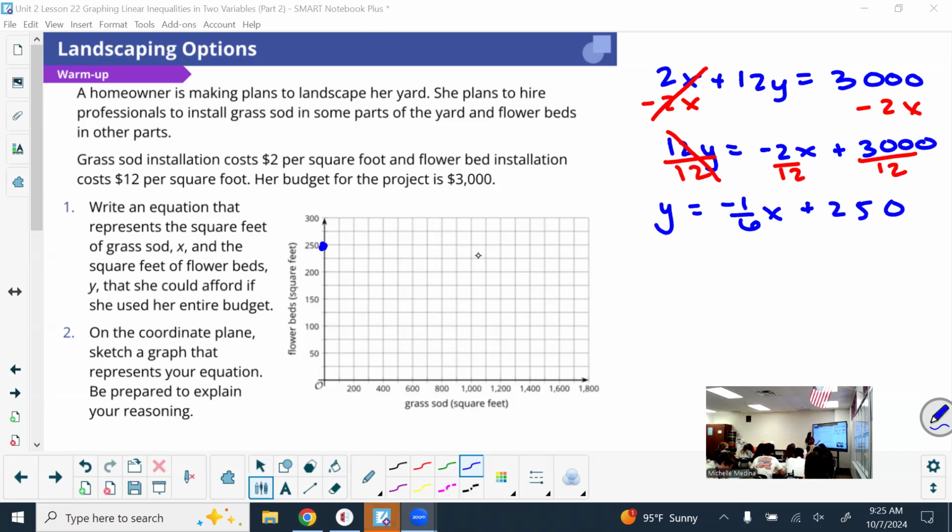On my y-axis, what is each individual line representing? 25. Are they counting my 25s on the bottom as well? No, they're counting by 100s. So you can't just go from your y-intercept down 1 to the right 6. It's also really hard because these numbers are big.